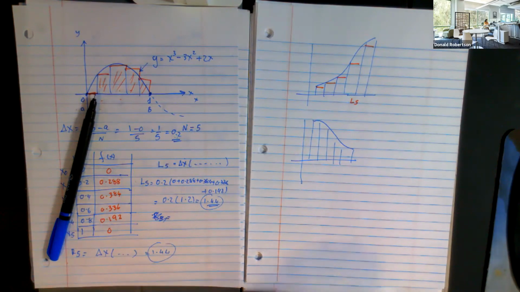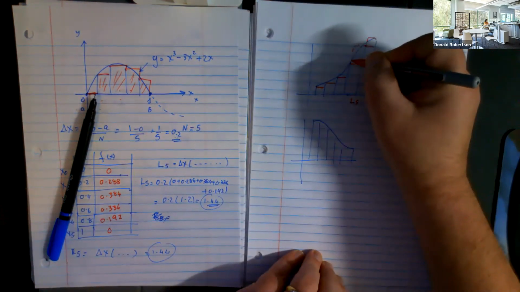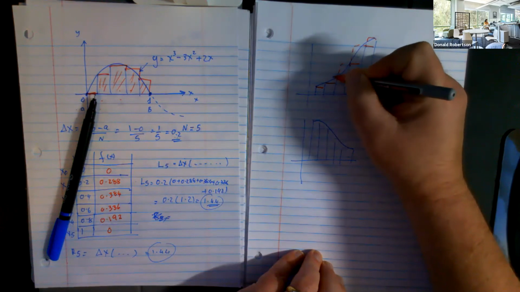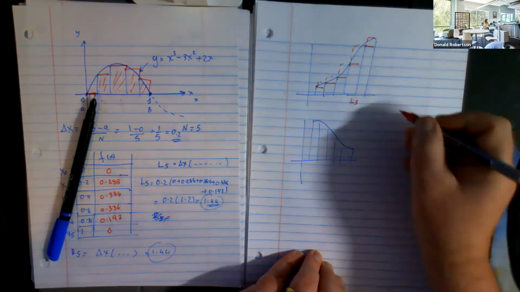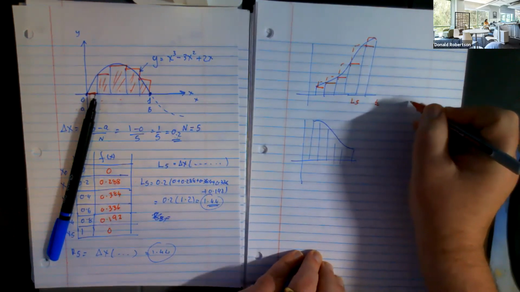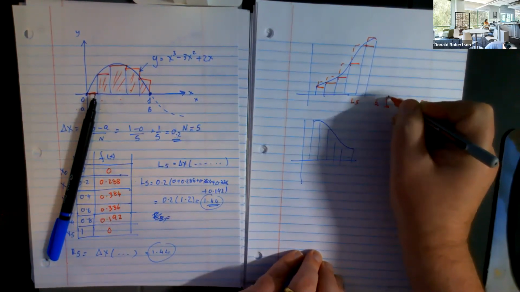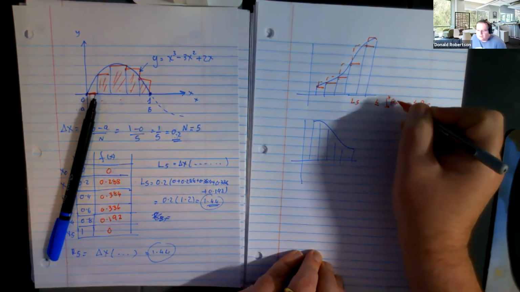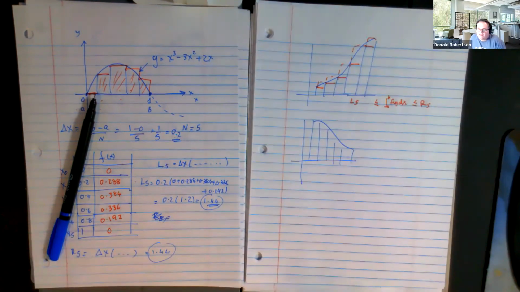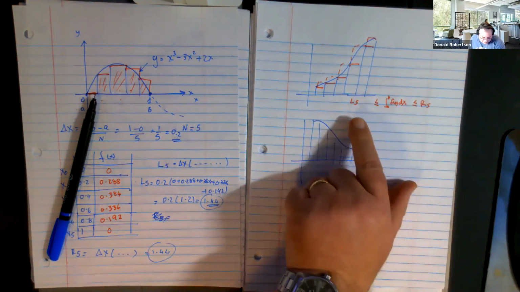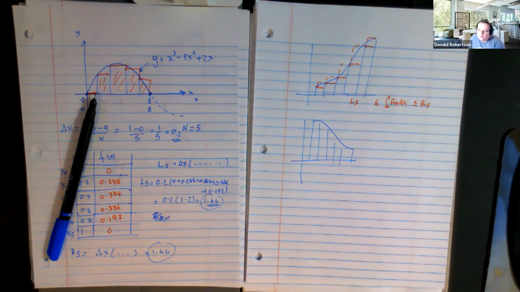And if I use the other side, can you see that all of these are bigger than the answer? So if your function is increasing or decreasing, for the left and right, L5 and R5, the big one will be the overestimate and the smaller number will be the underestimate. And if they're going this way, it's also true.